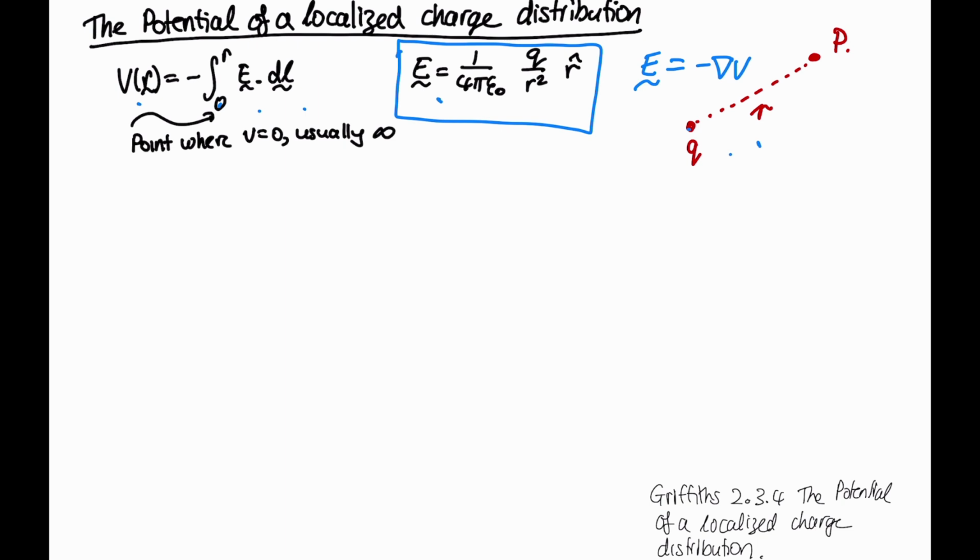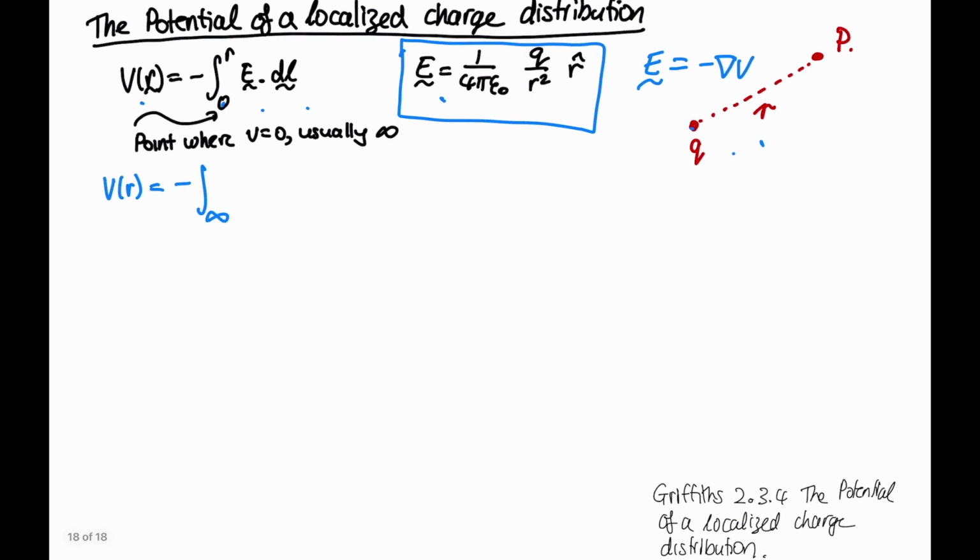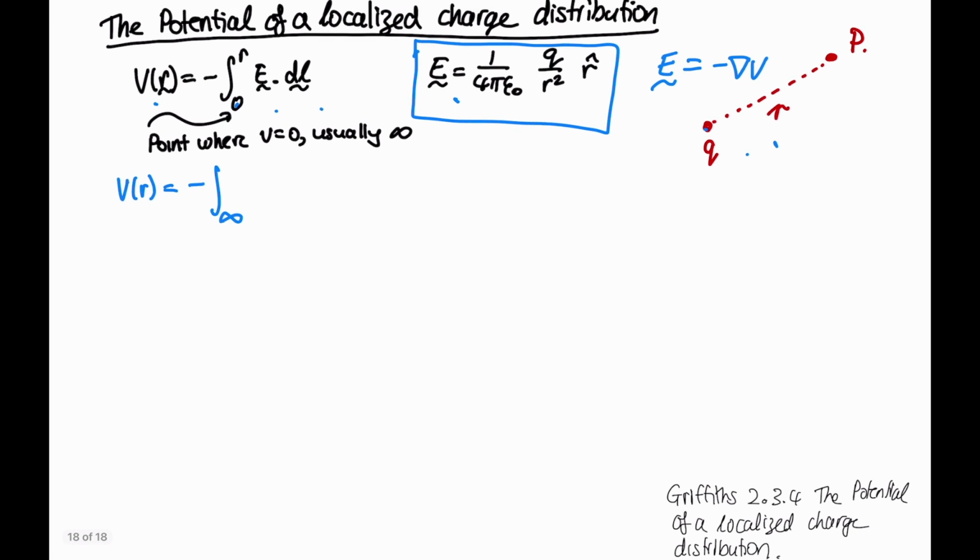So when we're considering dl, we only have to take that radial component, which is just dr. So we can write V of r is equal to minus the integral, going from infinity, because in this case the potential is 0 at infinity, to r, of 1 over 4 pi epsilon naught q divided by r squared times dr, because both these are in that radial direction. They're in the same direction.